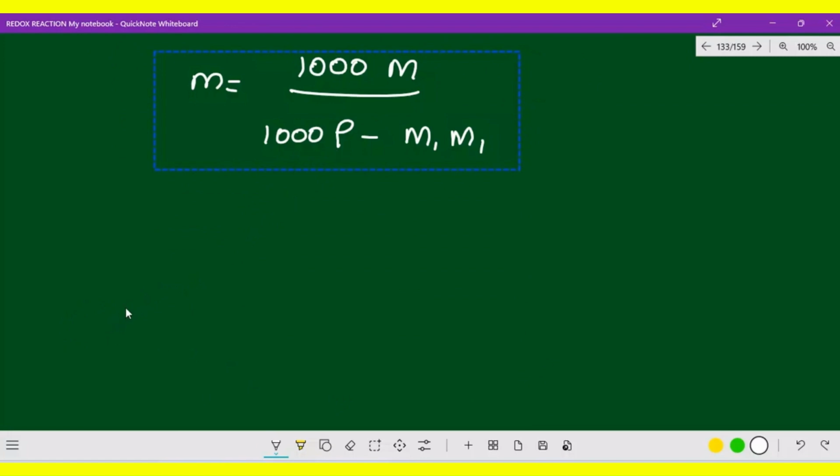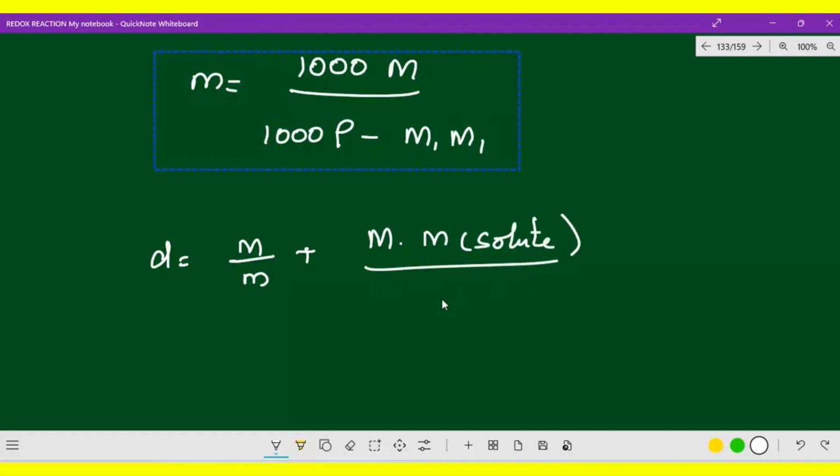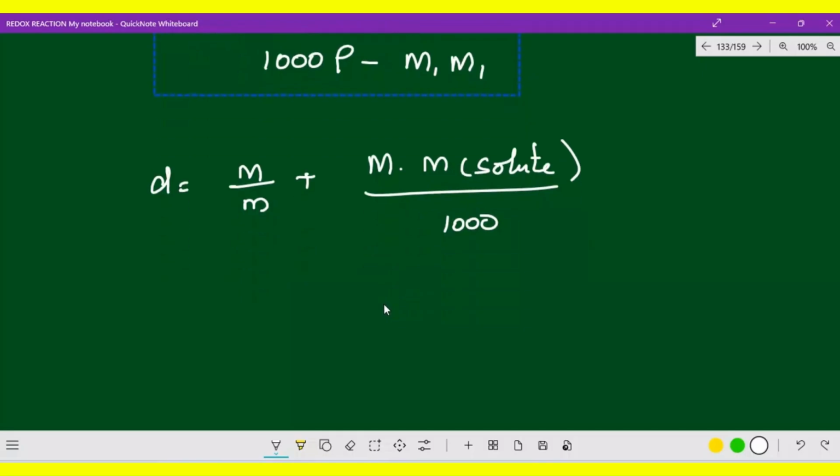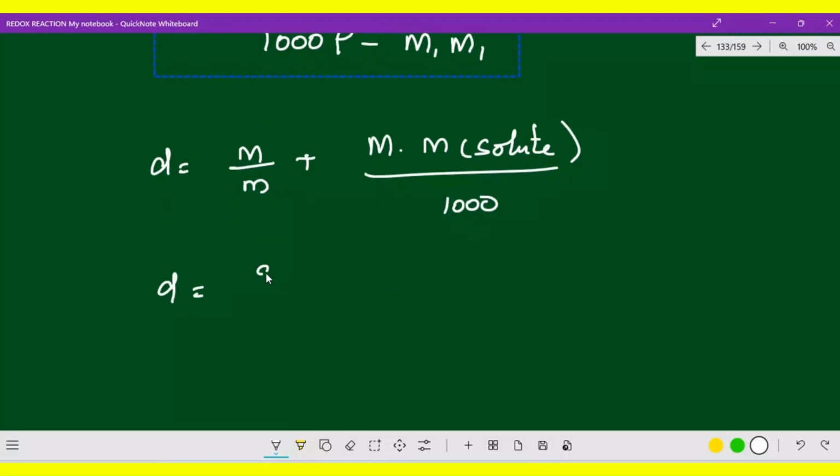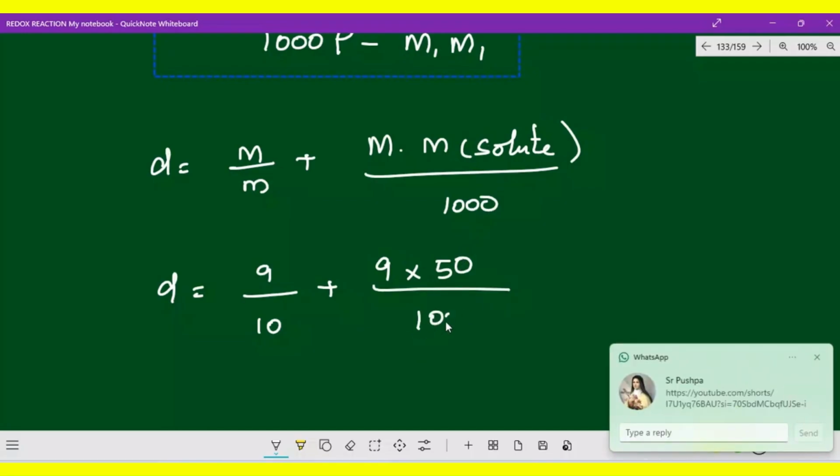So rearranging the formula, density D is equal to capital M by small m, plus capital M into the molar mass of the solute, divided by 1000. The same formula I just mentioned here. I hope you got that idea. Now, D equals molarity 9 over molality 10, plus molarity 9 into molar mass 50 of the solute, divided by 1000.